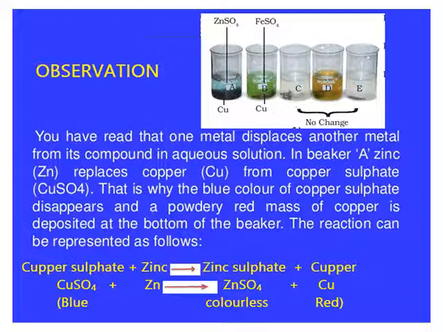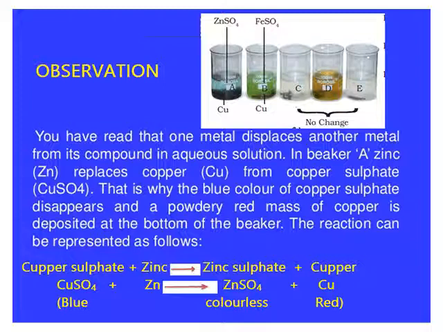After some time, that means after the reaction has taken place between copper sulfate and zinc, you can find a red color deposit at the bottom. The blue color would have disappeared, and you find a red color deposit at the bottom of the beaker. This indicates that a reaction has taken place.